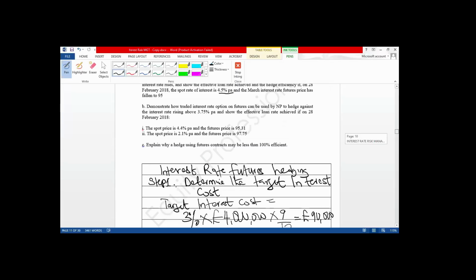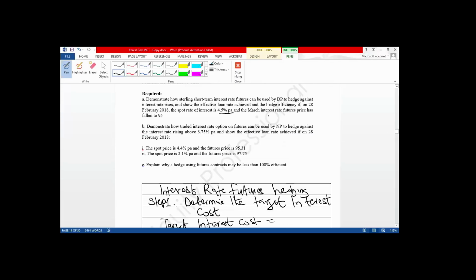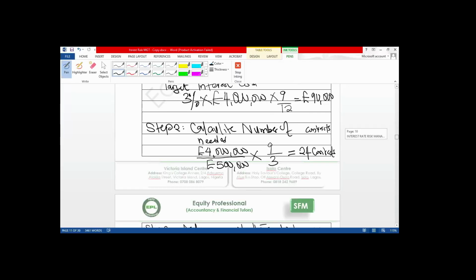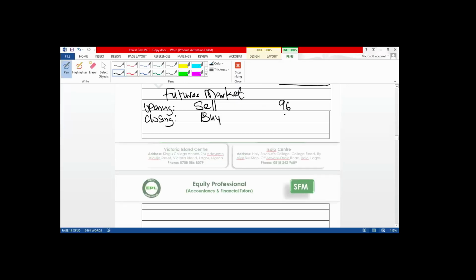Examiner says the March interest rate futures price has fallen to 95. At the close of March, the futures price has fallen to 95. You now pick it. $95.